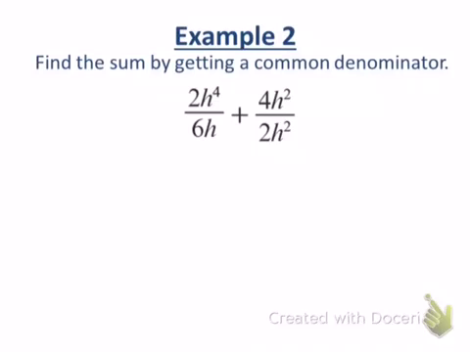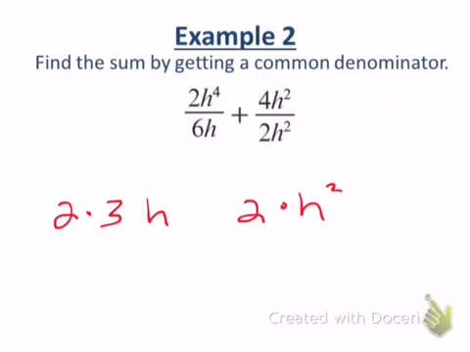What's the least common multiple between 6h and 2h squared? If I were just doing, let's go back here, 6h is 2 times 3 times h, and 2h squared is 2h squared.